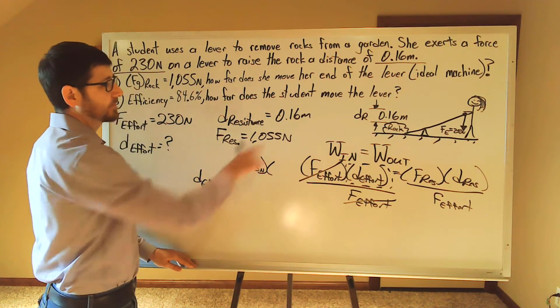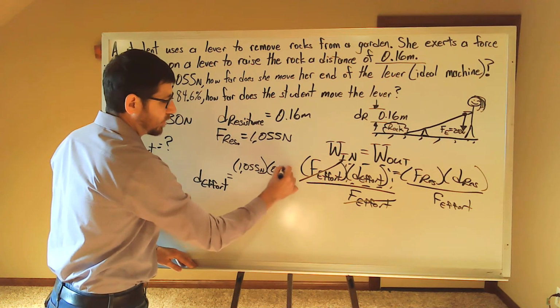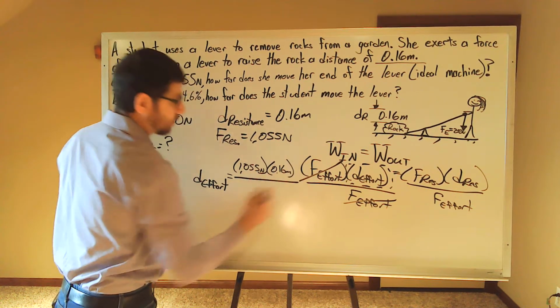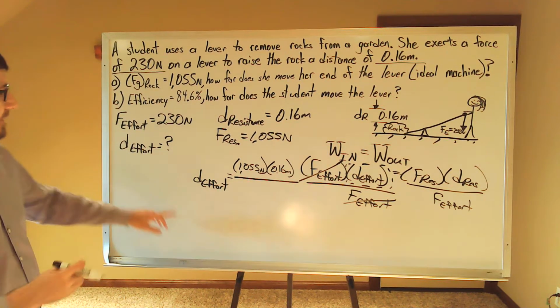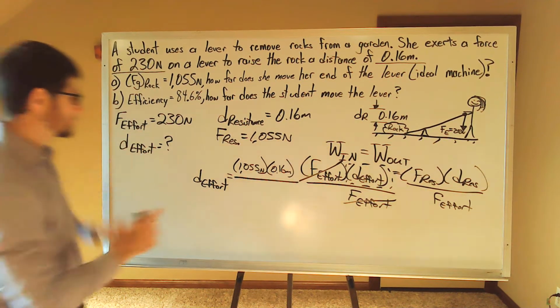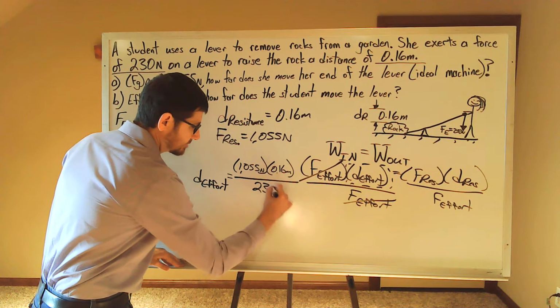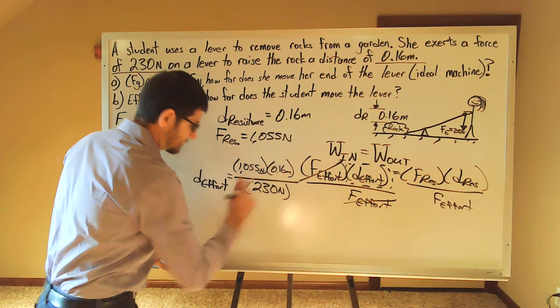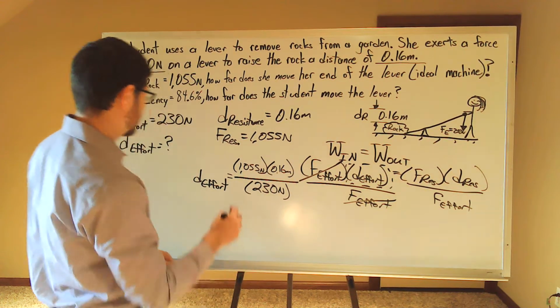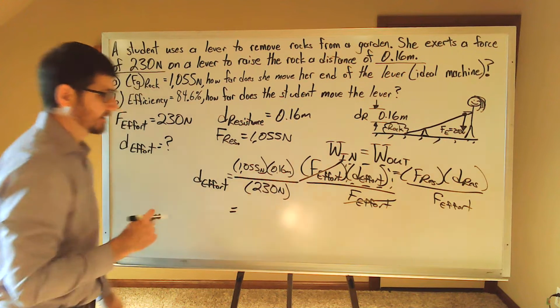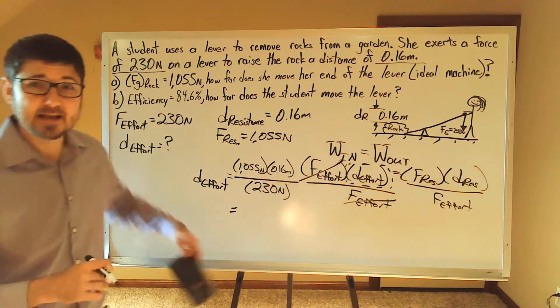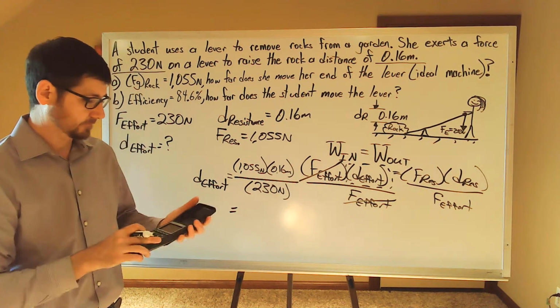And we're going to move that a distance of 0.16 meters. And we're dividing by the effort force, 230 newtons. Okay? And so what we have here is, let's go ahead and take out our calculator here.